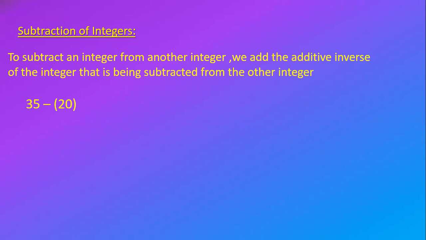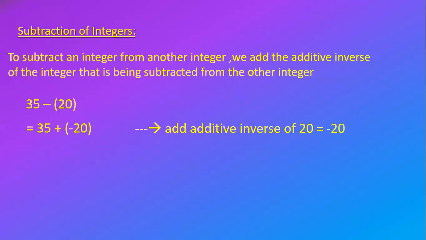So for 20, it is minus 20. That should be added with 35. And 35, we can write as 15 plus 20. Since 20 and minus 20 are additive inverses, they yield 0. So the answer is plus 15.